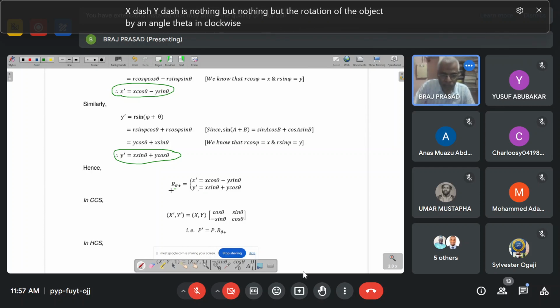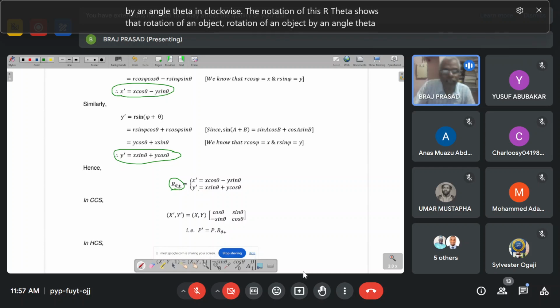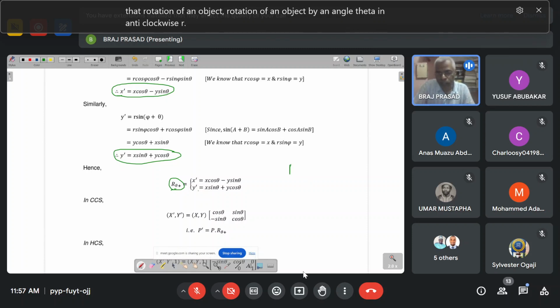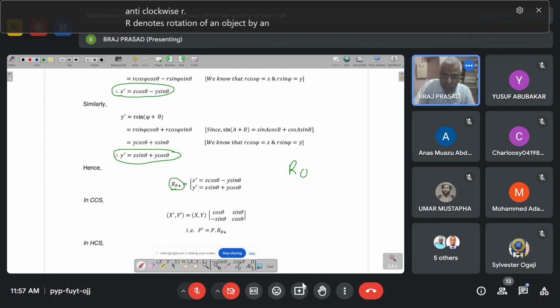The notation R theta plus shows rotation of an object by an angle theta in the positive direction. In the positive direction means anti-clockwise. So we will write here R theta plus, which gives x dash equal to this much and y dash equal to this much.